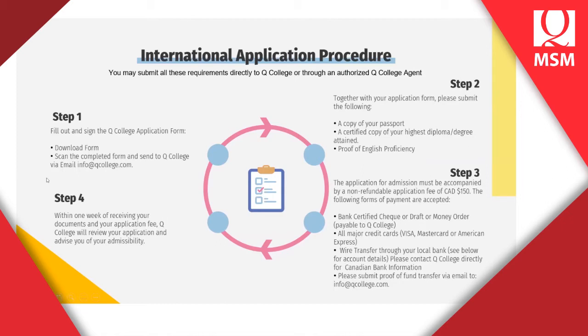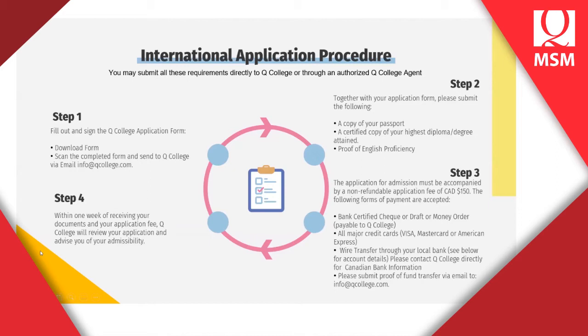We ask the students, when they send in their application, to provide us a copy of their passports, any of their transcripts, as well as their English proficiency tests. We take several different forms of the English proficiency test. So please, if you're unsure, send it to us, and we do have an online test.